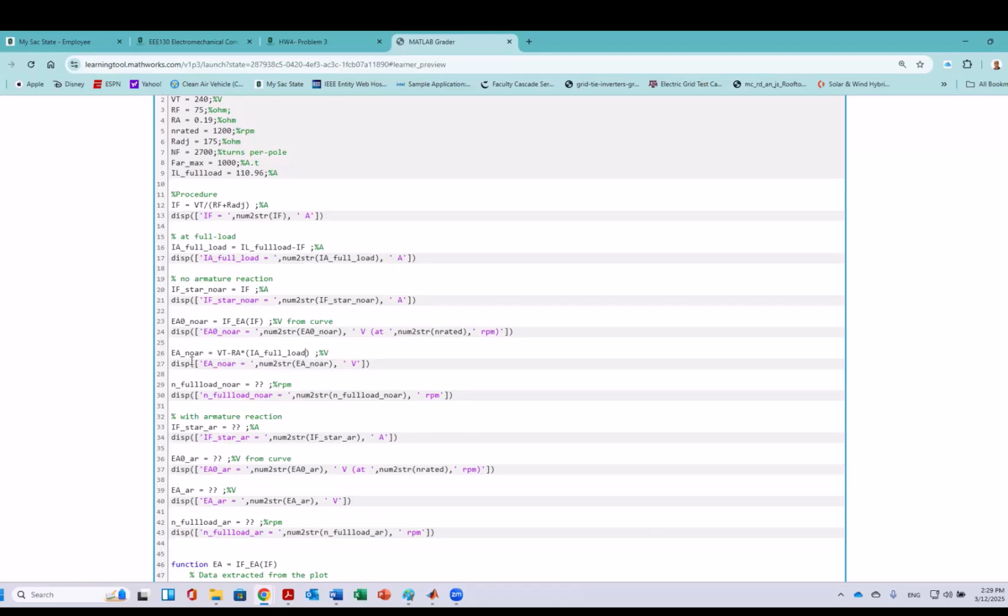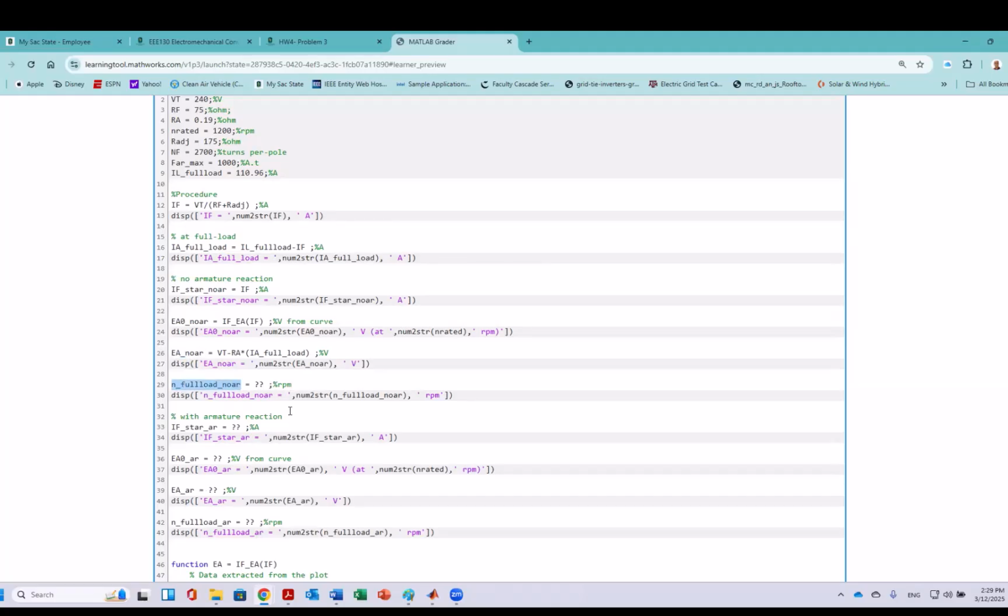Now, what would be the N full load when there is no armature reaction? So this EA0 happens at N rated, right? This EA happens at this speed.